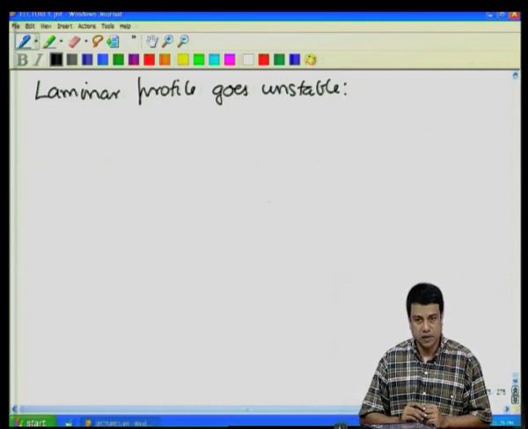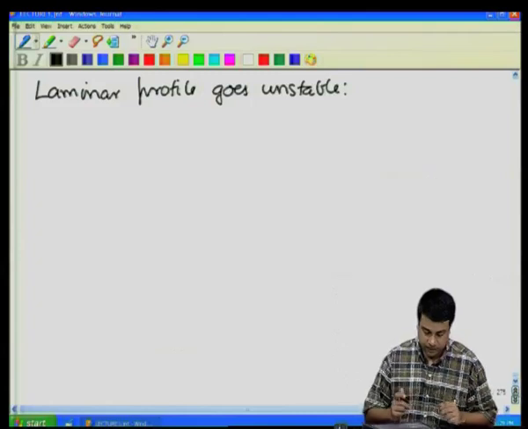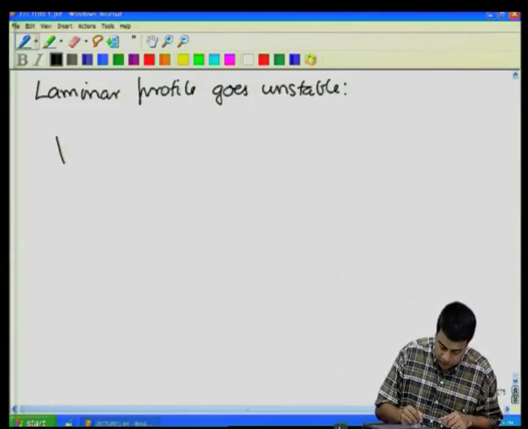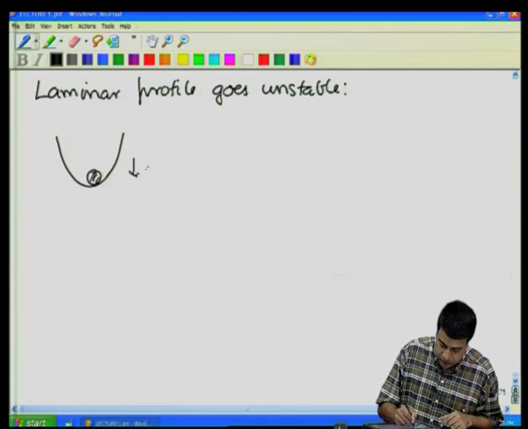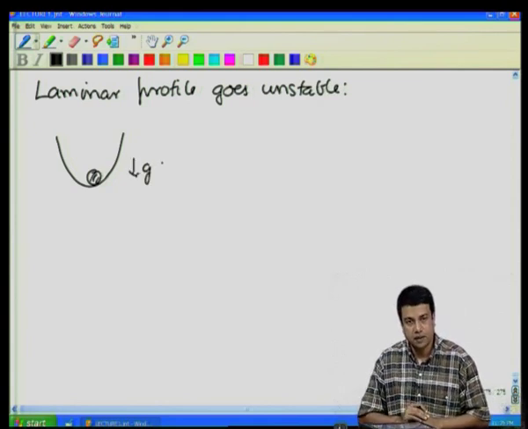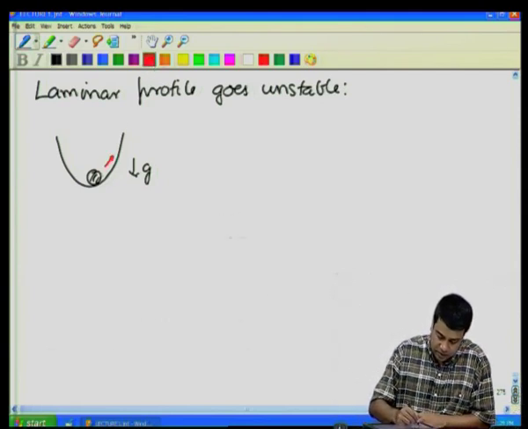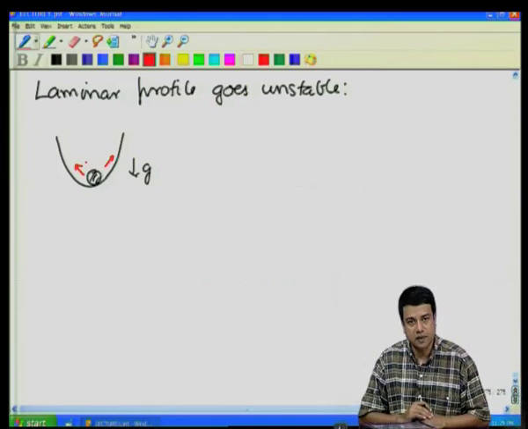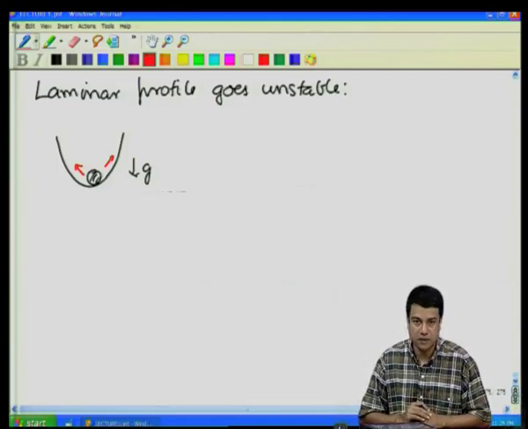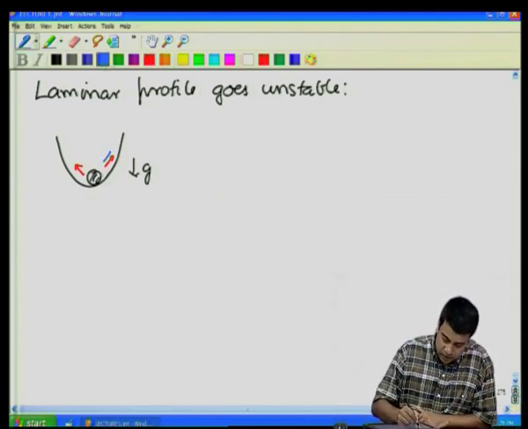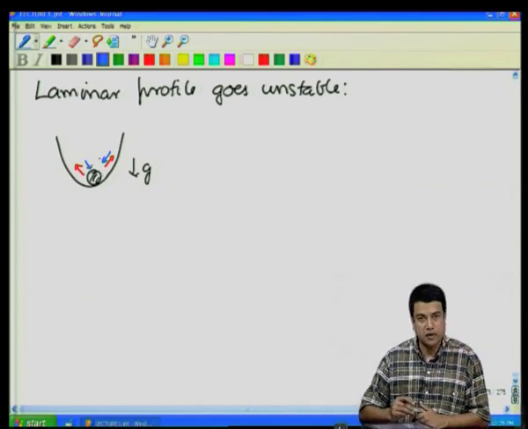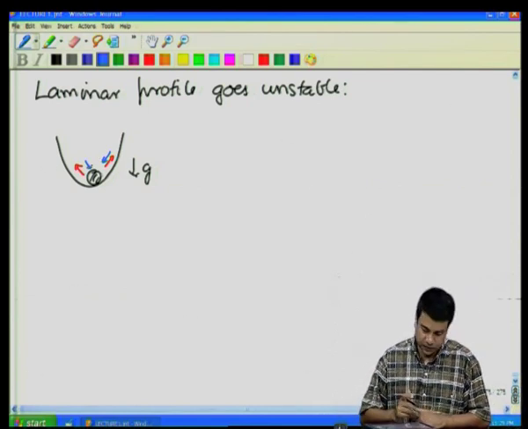To draw an analogy, if I had a ball in a cup in a gravitational field, this is a stable configuration, because if I displace this ball a little bit either on the left or on the right, or if there is an axisymmetric cup, I can displace it in any direction, it will just come back to its original state, because gravity is acting downwards.